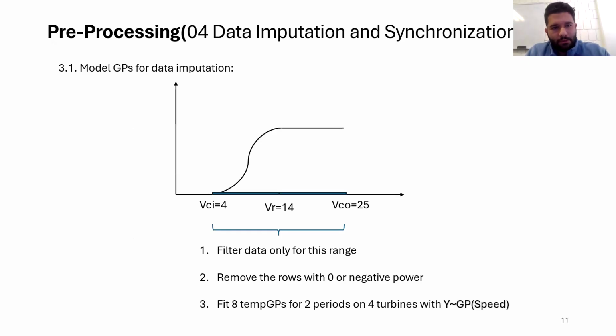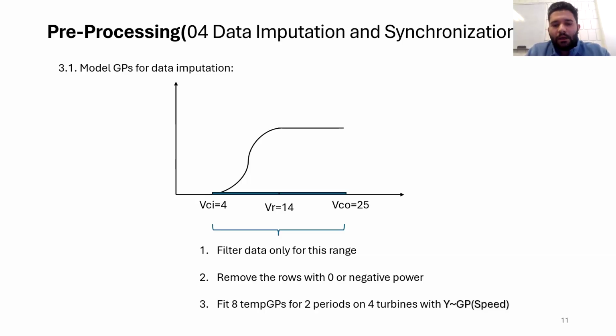They do a two-step imputation. The first step is creating some temp Gaussian process models using TempGP. But they first filter the data to between cut-in and cut-out speed, from 4 to 25. And then they remove the rows with negative or zero power in that segment.